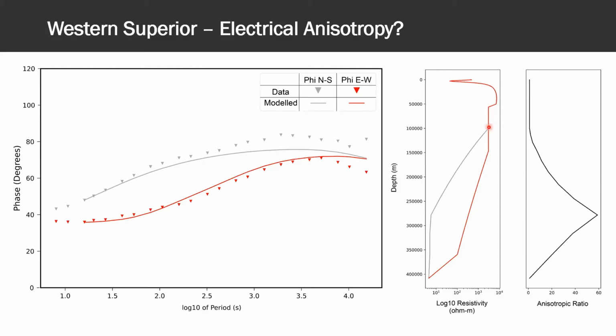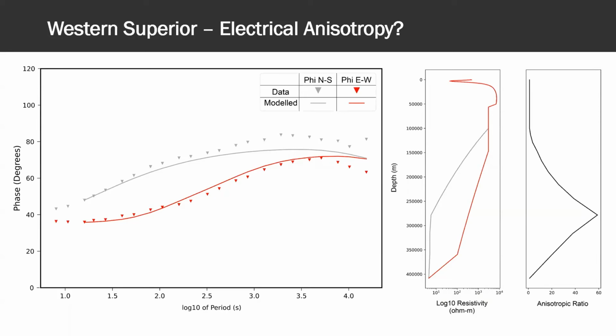At 100 kilometers depth, our resistivities in the north-south and east-west directions diverge and become anisotropic, with those in the north-south direction very quickly going to a resistivity of about 5 at a depth of 410 kilometers, whereas the resistivities in the other direction stay at about 3,000 ohm-meters before more slowly decreasing, again to about 5 at 410 kilometers.